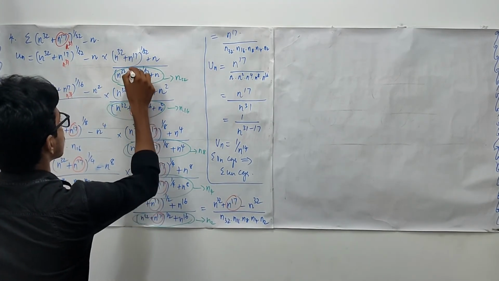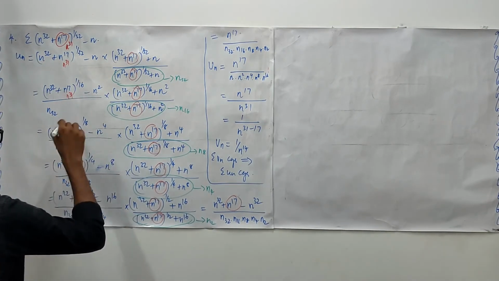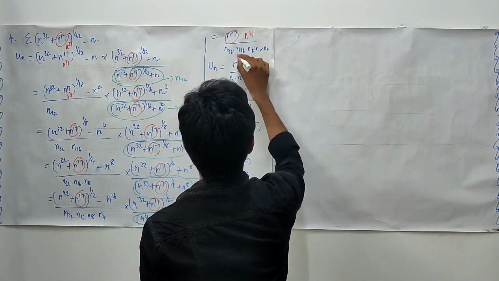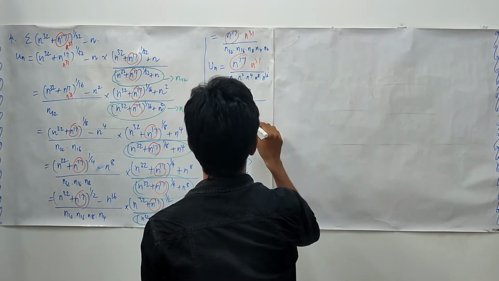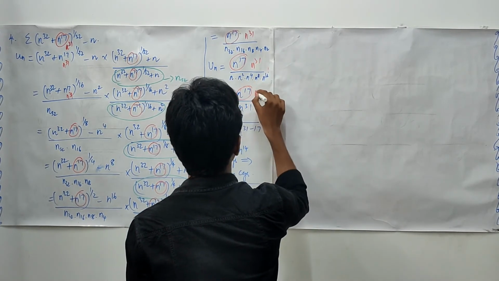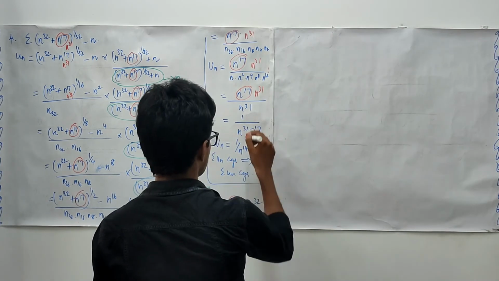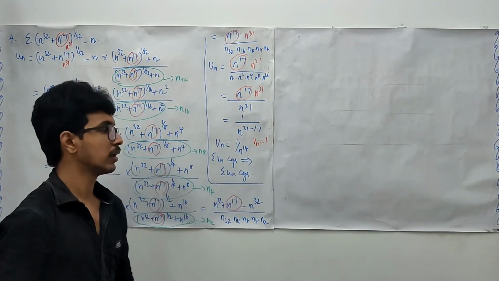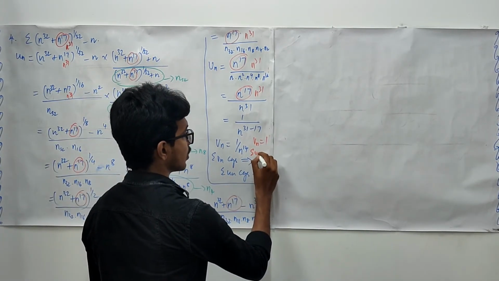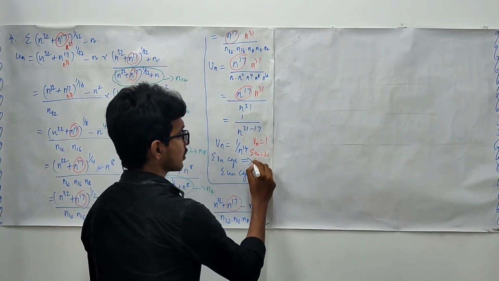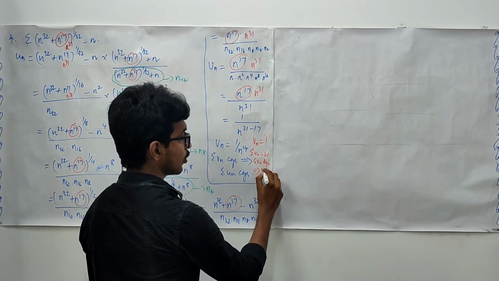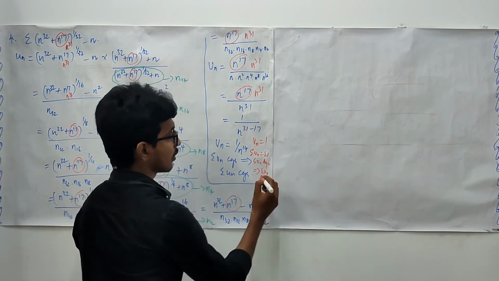I am not changing this, I am just noting all those things. So here you will have n power 31, here you will have n power 31. So it is going to be what? N power 31, 31 will get cancelled, and your Vn will be simply 1. That is, summation Vn is summation 1. Summation Vn diverges. This will imply that summation Un diverges.